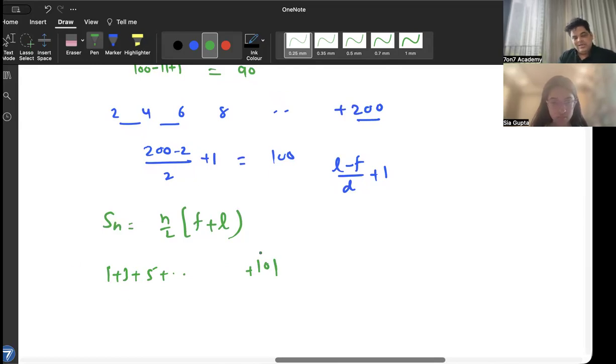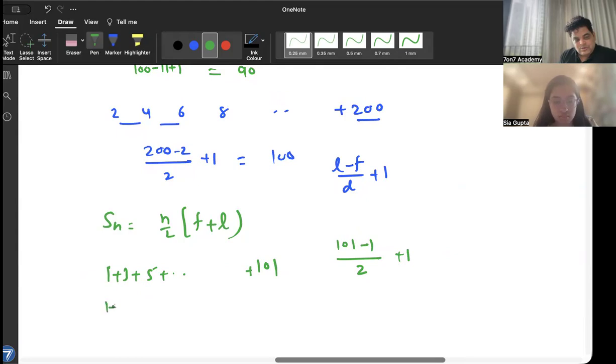I can write last term minus first term divided by the difference for n, using the AP formula. Then there is this very good formula: the addition of the first n odd positive integers is always n square.